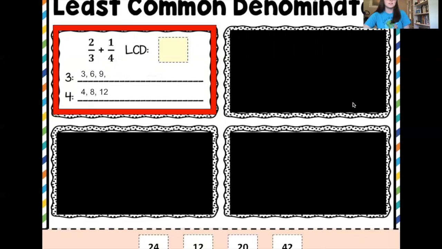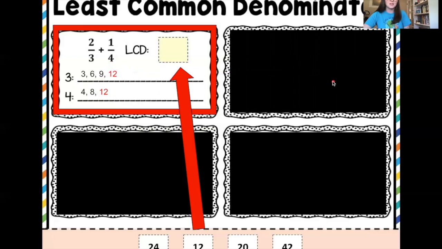Now we've got 3, 6, 9, and 4, 8, 12. Still no same numbers. And then if I add one more multiple to my 3's, I get 12. And those are the same. Odin agrees, if you could hear him. Oh, he really agrees. Those are the same numbers. All right. So our least common denominator is 12.